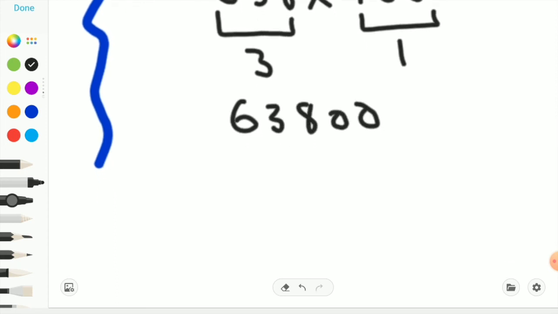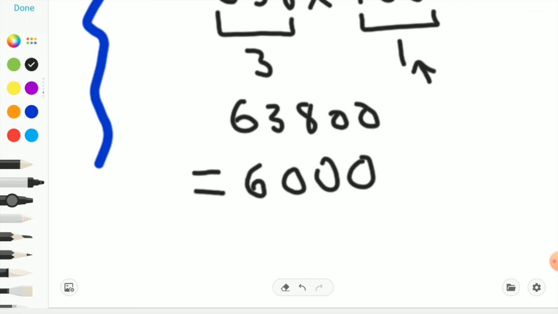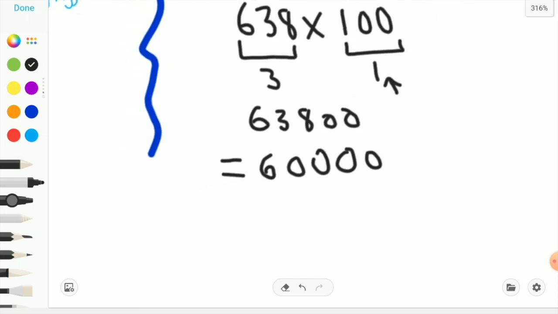But because this has 1 sig fig, you have to round the whole answer so that it has 1 sig fig. So this would literally be 60,000. It kind of doesn't make sense sometimes, but this would be your final answer. Basically, you base it off of the number with the lowest amount of sig figs.